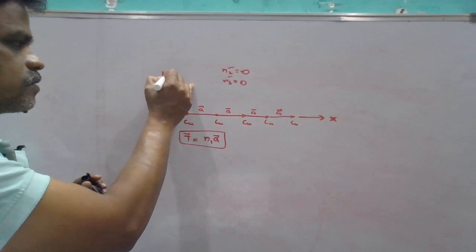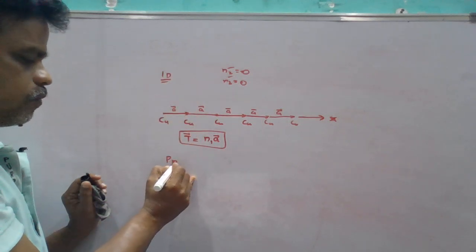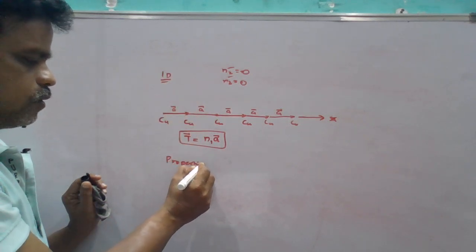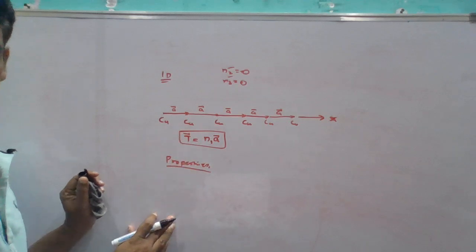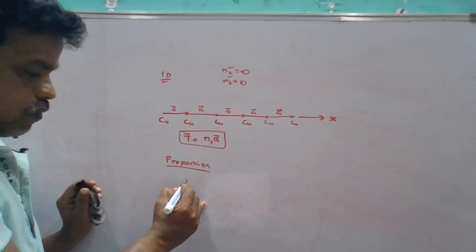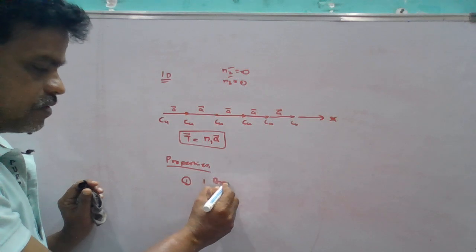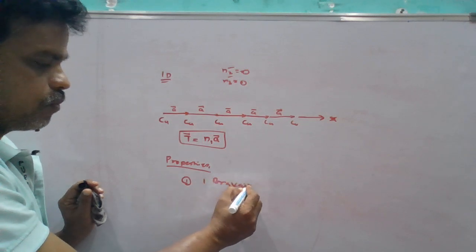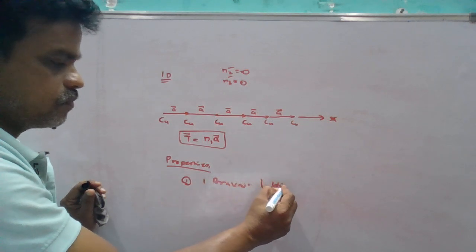What are the properties for this? For the one dimensional lattice, only one Bravais lattice exists.